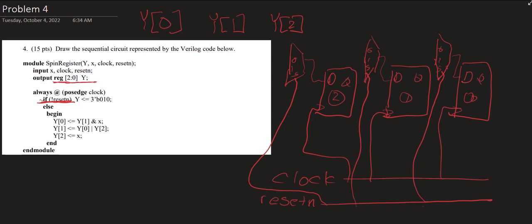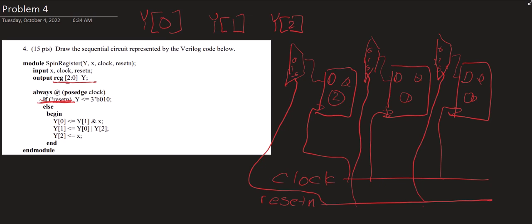So if not reset in, that means if reset in is 0, then y becomes the 3-bit binary number. That's what the 3 and then the little apostrophe means, and the b is binary. The 3-bit binary number 0, 1, 0.